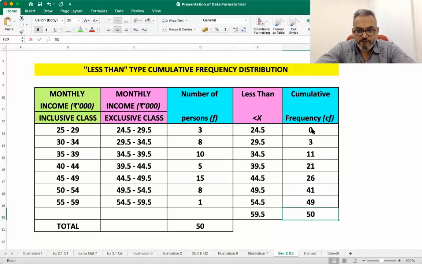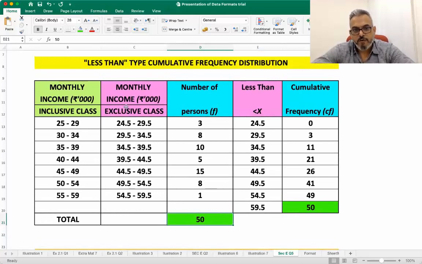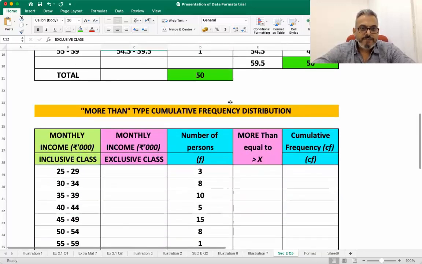And 49 plus 1 is 50. So this 50 should match with this 50. So this is how we prepare a less than cumulative frequency distribution for inclusive classes. We first convert it to exclusive and then do it.